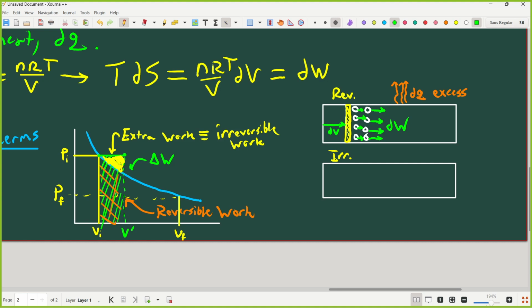That net PV motion. Remember, PV work is the coordinates of the motion of your gas that have a net direction. And so work in this case is orderly motion of your atoms.